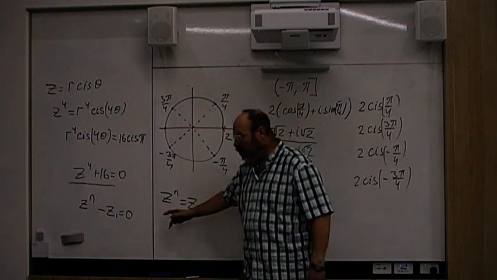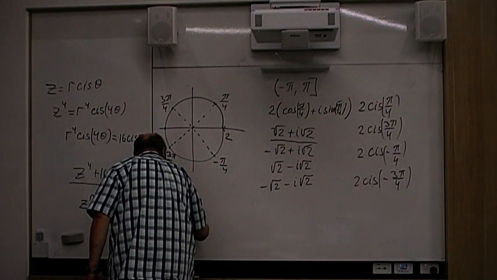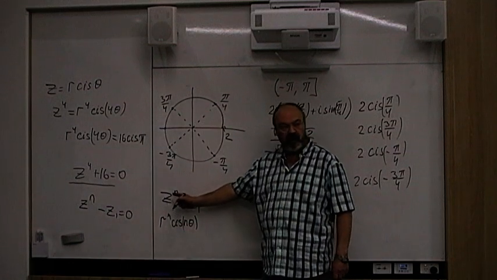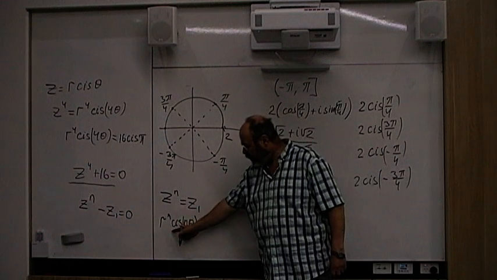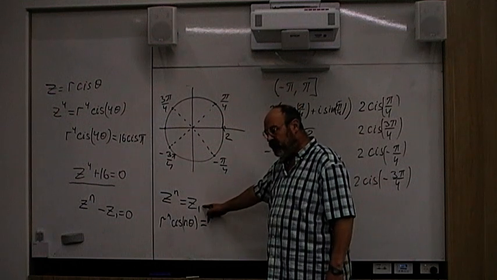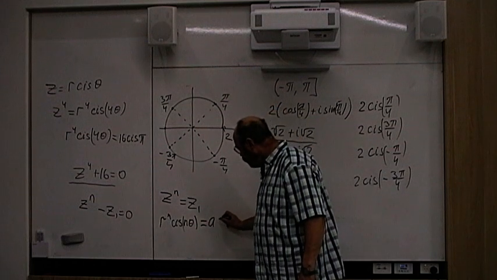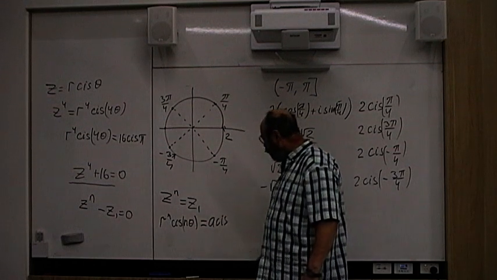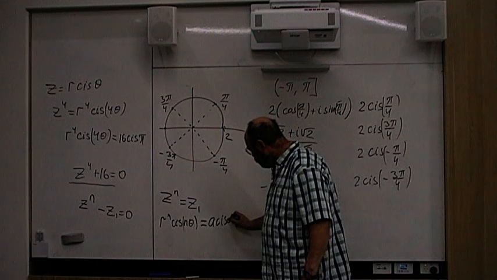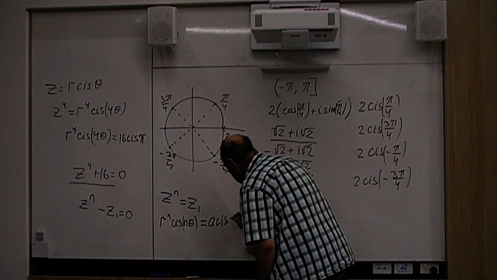Then we always write z as r to the power of n cis n theta, because that is the De Moivre theorem. Then we turn z1 into the polar form, let's say alpha cis beta.